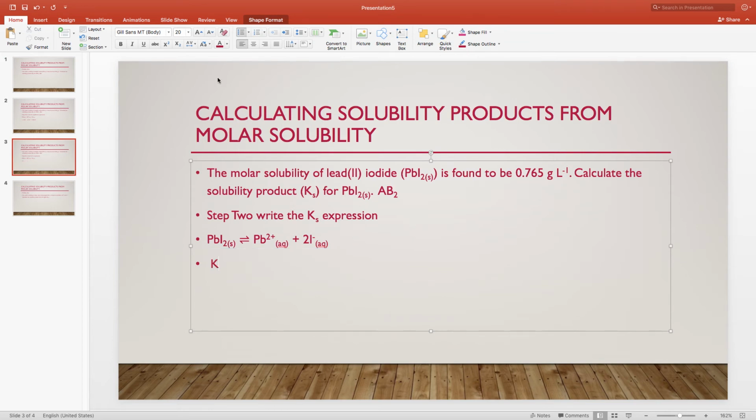Ks is going to be equal to the concentration of the lead at equilibrium. And remember, you only put in the equilibrium values.